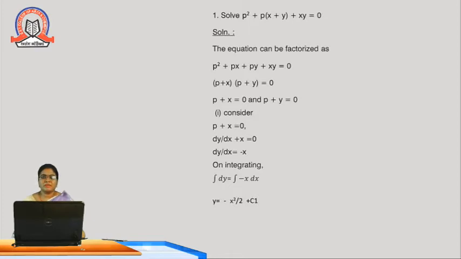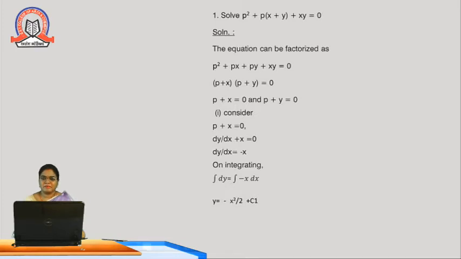So, solving by quadratic equation, we are getting two factors p plus x equal to 0, p plus y equal to 0. Considering p plus x equal to 0, substituting p equal to dy by dx, we are getting dy by dx plus x equal to 0.